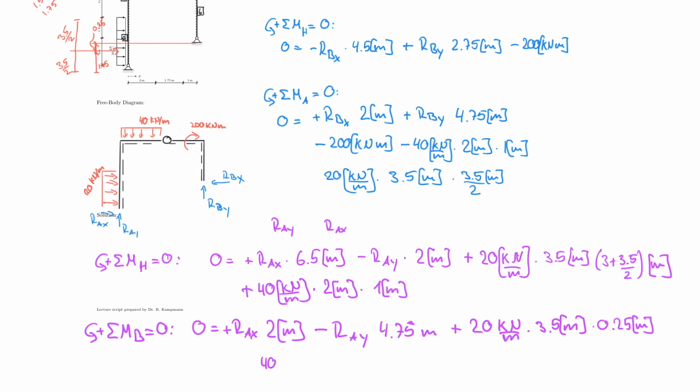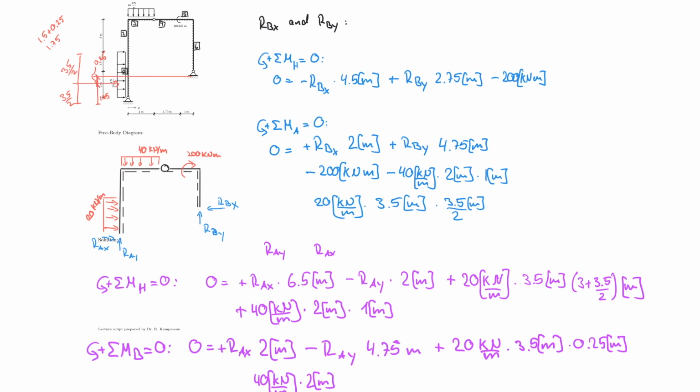So 40 kilonewton per meter multiplied by 2 meters. That did not change, but what changes is the lever arm, because now our lever arm is acting from the center of this to here, which means I have to account for all this distance here. So that would be 1.75 plus 1 plus 2 halves.